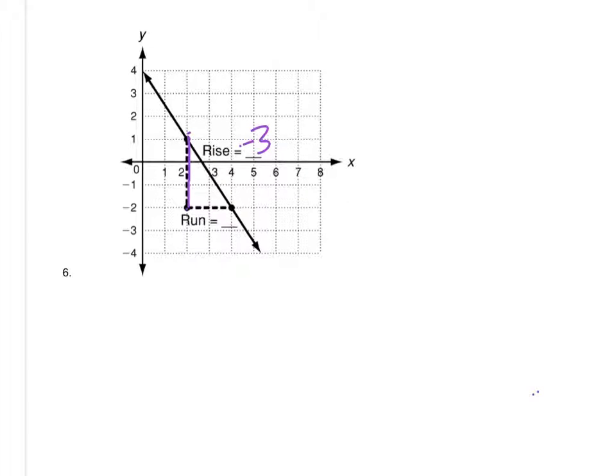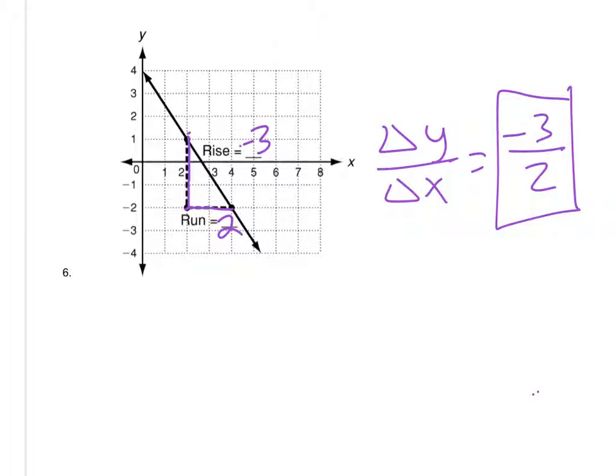Then, staying where we are, we're going to go to the right 1, 2 units. So it's a run of 2. So my change in y over my change in x is a rise of negative 3 over a run of positive 2. That right there is a negative slope. So my rate of change is negative 3 over 2, or my slope is negative 3 over 2.